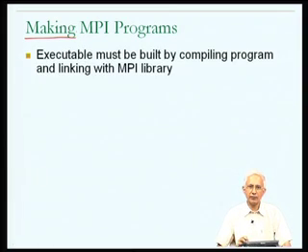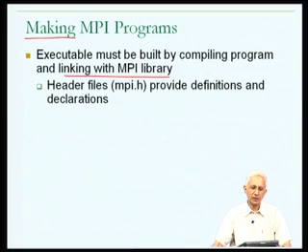Now, the thing which must be noted is that in compiling an MPI program, one must of course make sure that it is linked with the MPI library functions, because when you write an MPI program, it will be using the functions that we had seen on the previous slide, and they are not present in your program since you did not write them. They are present in the library, which must therefore be incorporated into the executable version of your program by linking.